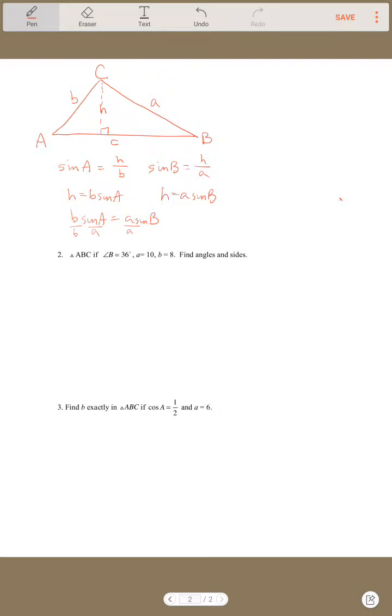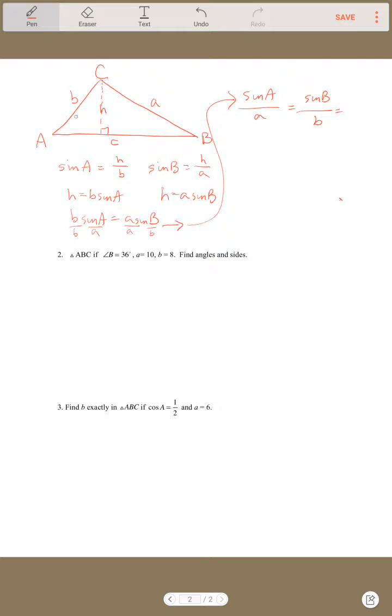on both sides. And when you end up doing that, what you'll notice, let's bring it on up here actually, what we'll notice is that what we can create is sine a over side a is equal to sine b over side b. And as it turns out, you could also do the same thing with angle c.